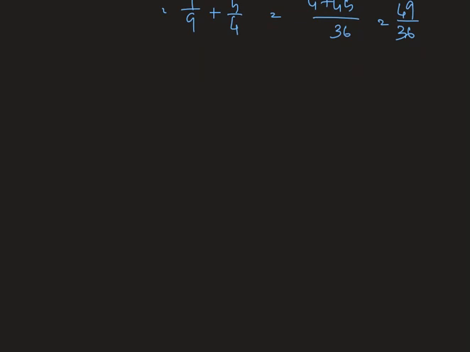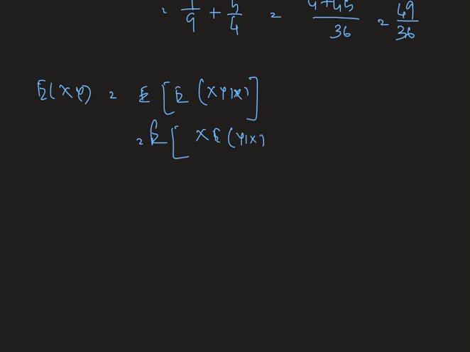Now we have to check whether option C is correct or not. Therefore we need to find expectation of xy, which can be written as expectation of expectation of xy given x, or we can write expectation of x multiplied by expectation of y given x, and expectation of y given x is x plus 1 divided by 6.